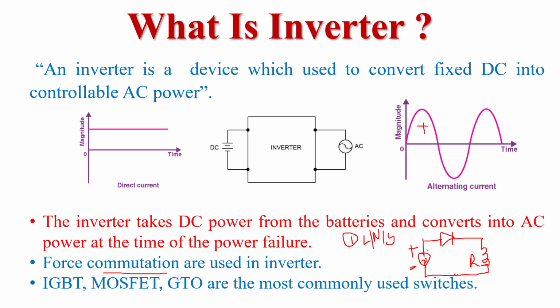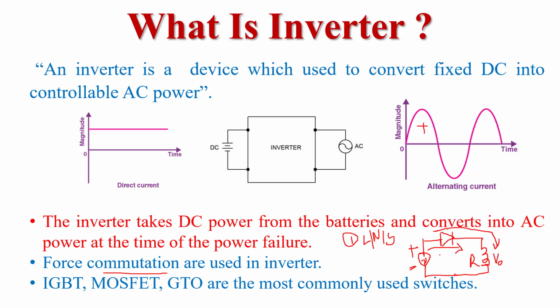So, current flows in this direction. When current flows in this direction, the diode starts conducting, because when the anode is positive with respect to the cathode, the diode starts conducting and behaves like a closed switch, and current flows in this direction, and we get the output voltage across the load, V output.